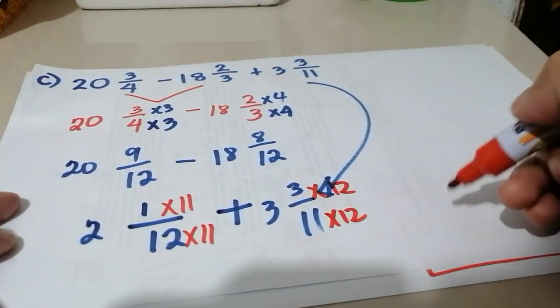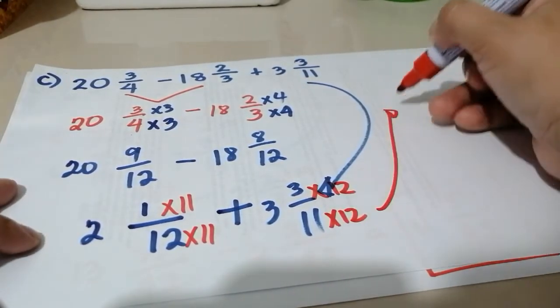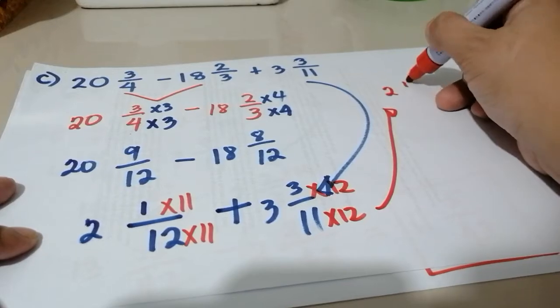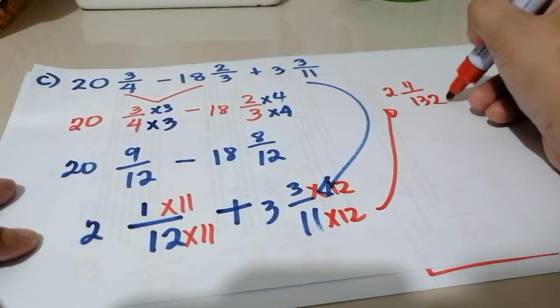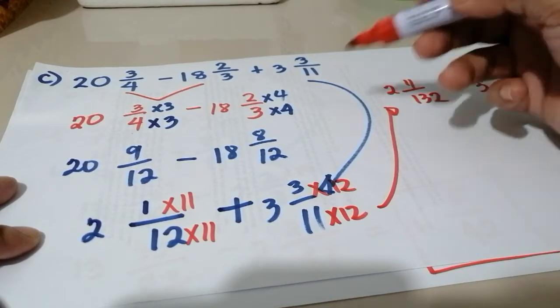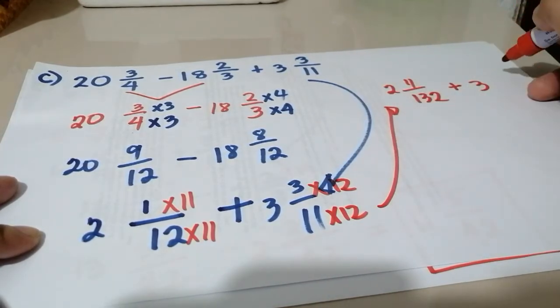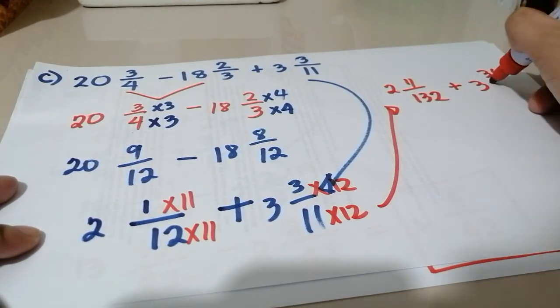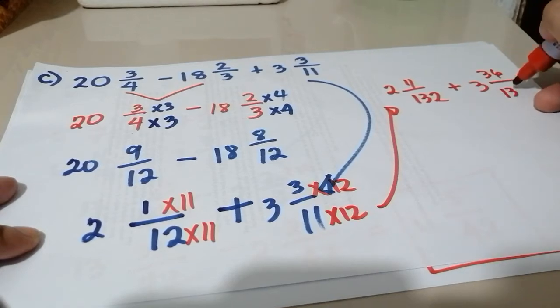So, ang magiging new fraction natin will be 211 over 132 kasi 11 times 12 is 132 plus 3 and 3 times 12, so that will be 36 over 132.